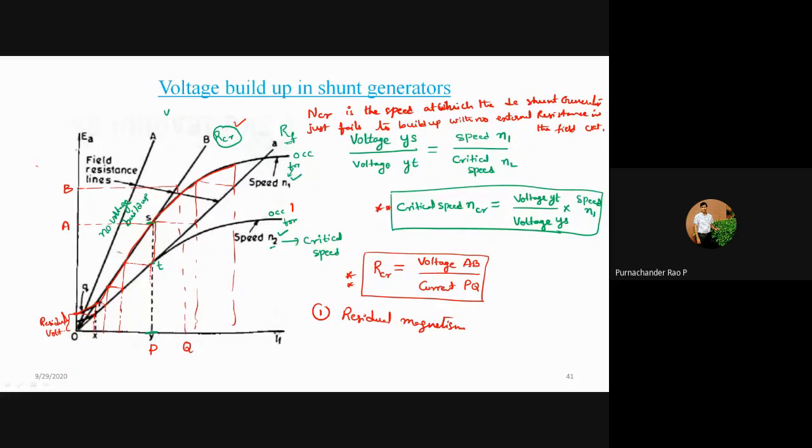Okay, and then the second one: because of this residual flux, the current will be developed, and this field current should be aiding, it should be added to the residual magnetism. So the direction of your field current must be in the same direction as your residual magnetism, then only voltage buildup takes place. Okay, then the third one, your RF should be less than RCR, and the fourth one is your critical speed should be less than your rated speed.